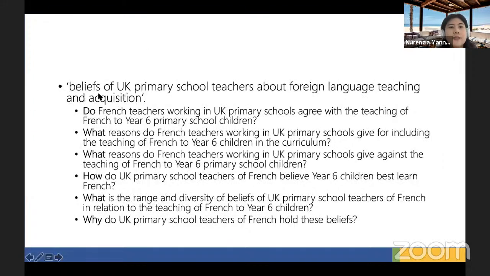Ini contoh lagi, jadi misalnya ini pertanyaan besarnya, I want to know the beliefs of UK primary school teachers. Now you create questions that are related to the big question, and you can also use all the WH questions or the yes or no questions that you know, like do, what, how, and why gitu ya. So everything that helps you dig deeper into the main question.